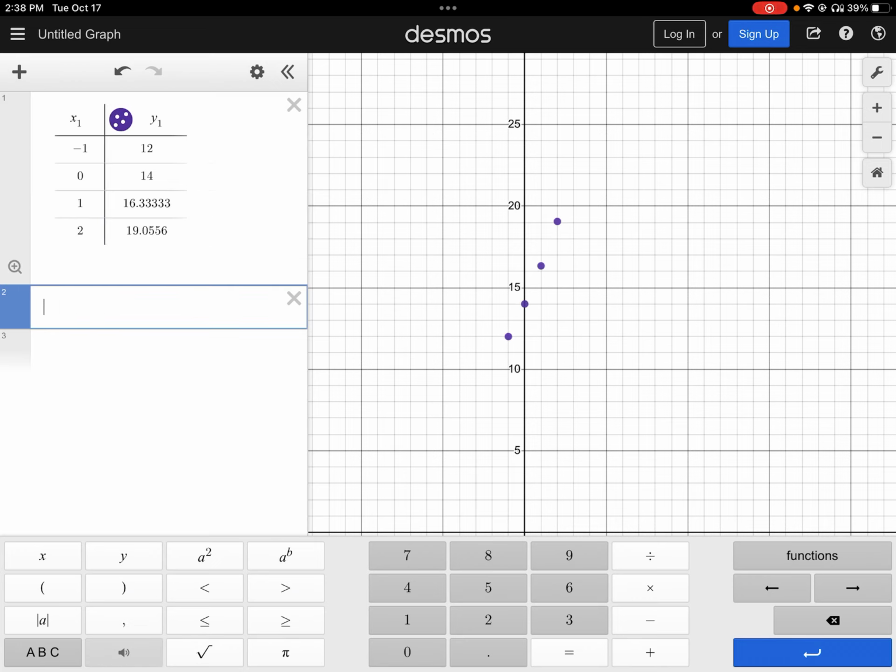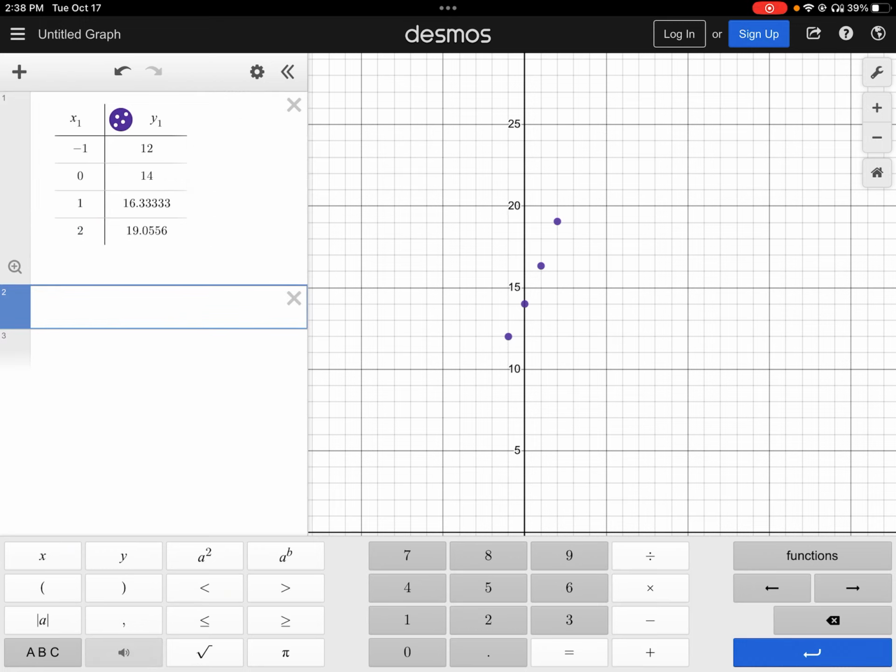All right, what I'm going to do is type each one of these in and see which one matches those dots. So here I'm doing 12 parentheses 2.3 to the power of x. I can see that A doesn't go through all those dots, so I know it's not A. We'll type in B, 2 to the power of x plus 14, not B. C, uh-oh, I accidentally erased one.